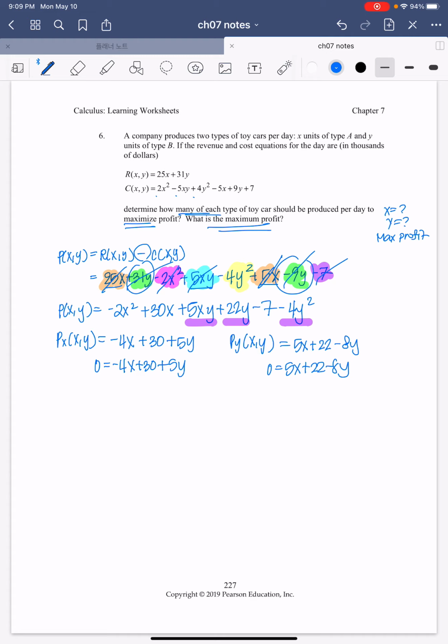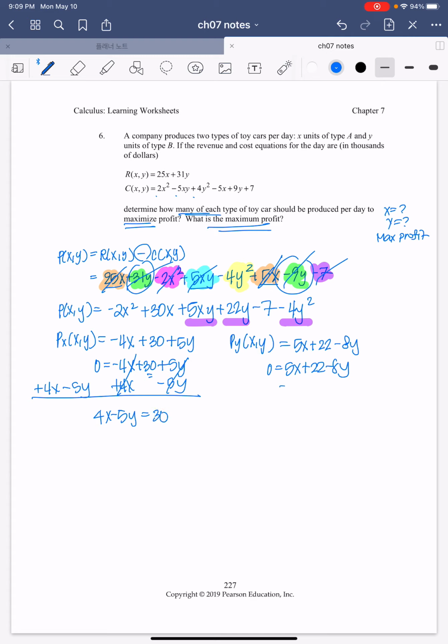So this one, I'm going to add 4x minus 5y, add 4x minus 5y. We have to do the process of elimination in algebra. Two unknowns, two equations. Equal to 30.